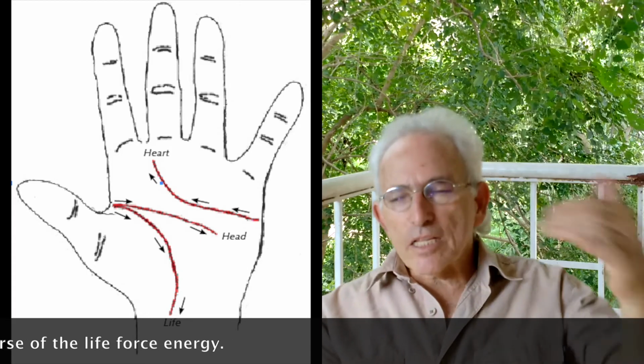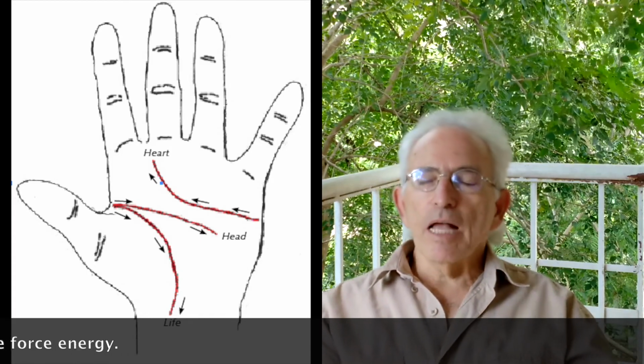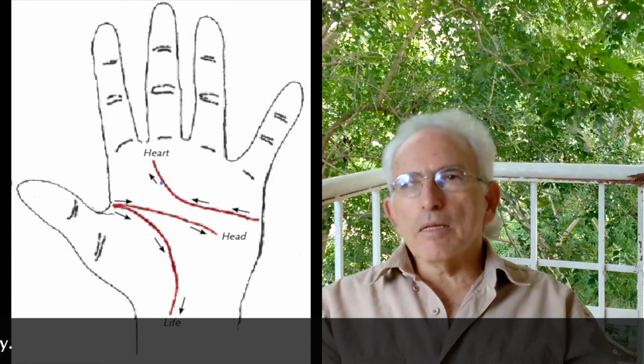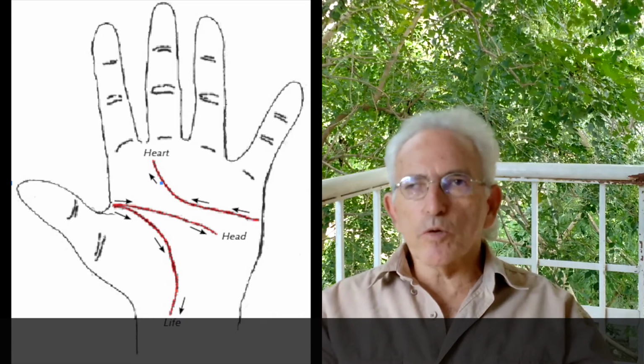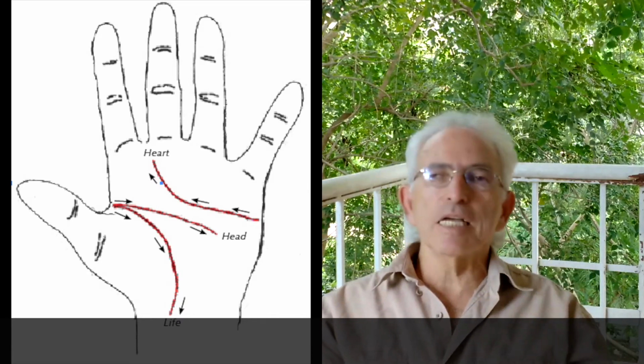So it is showing the general course of your life. And it's more or less like your ego story, the story of you, your personality. And that can be strong and that can be weak, depending on whether you have a really strong lifeline or not.